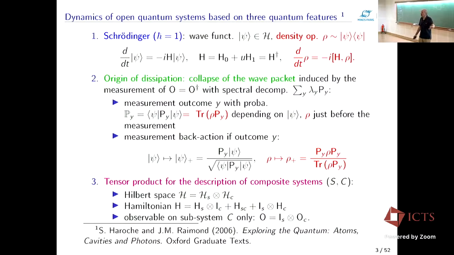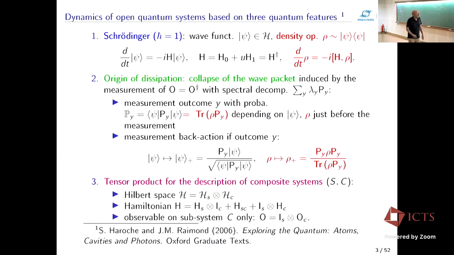This is Y, this is the information that you get. Just after the measurement, you have the collapse of the wave packet. Here it is written typically for the density operator, where P_Y is just the orthogonal projector on the eigenspace labeled by Y.